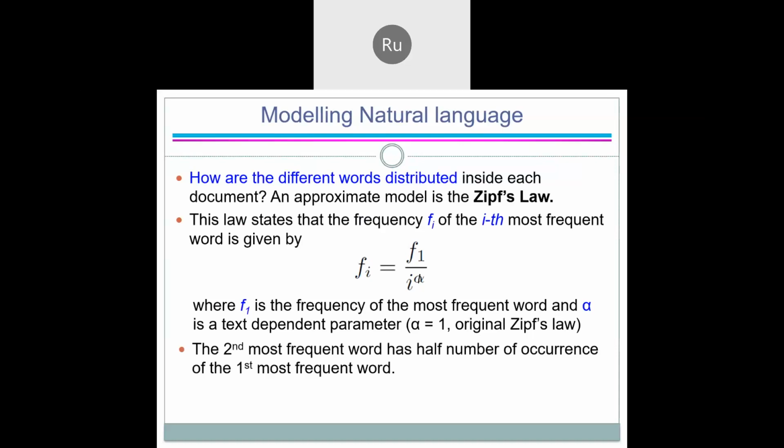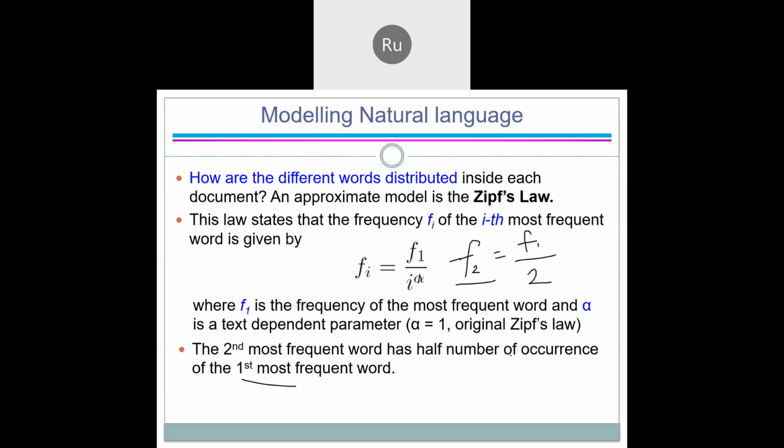The second most frequent word has half the number of occurrences of the first one. So if we have 2, and this is F1, that means the second most frequent word has half the number of occurrences of the first one, so you divide by 2.